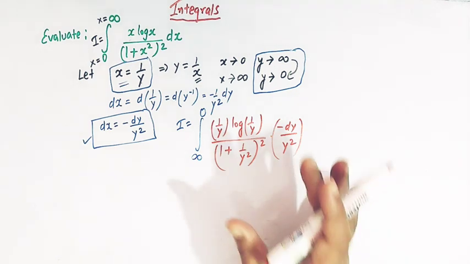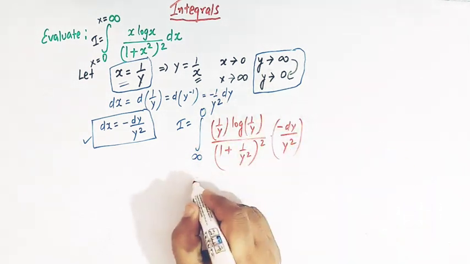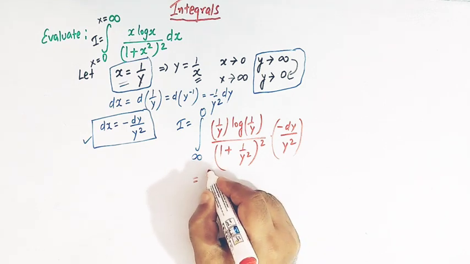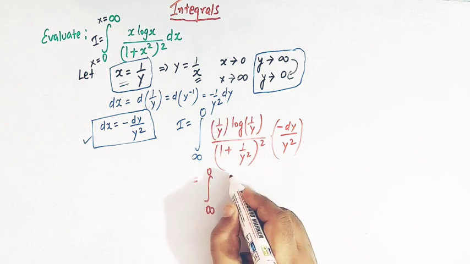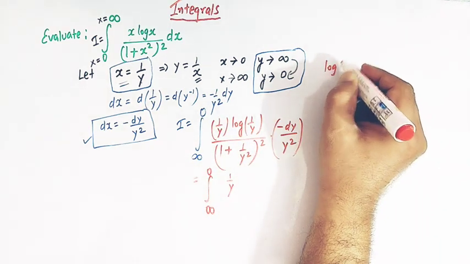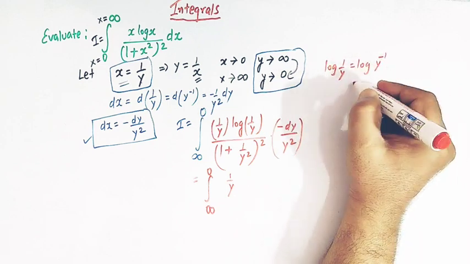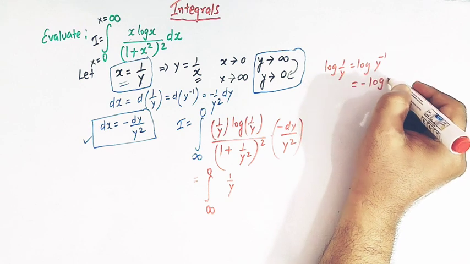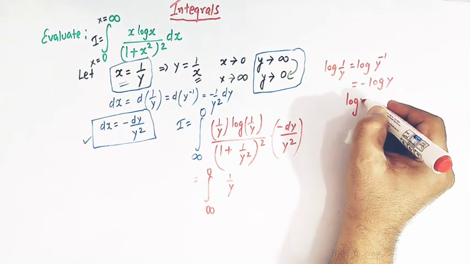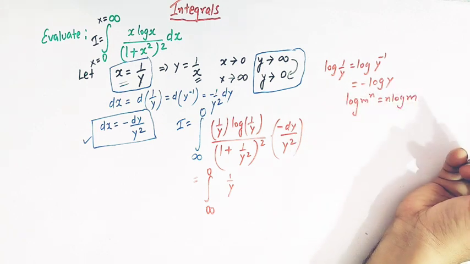So now let us simplify this expression. So we have the limits from infinity to 0. Then here we have 1 over y. Log 1 over y can be written as log of y raised to minus 1, so this is minus log y, right? Due to this property, that is, the log of m raised to n is n log m, right?